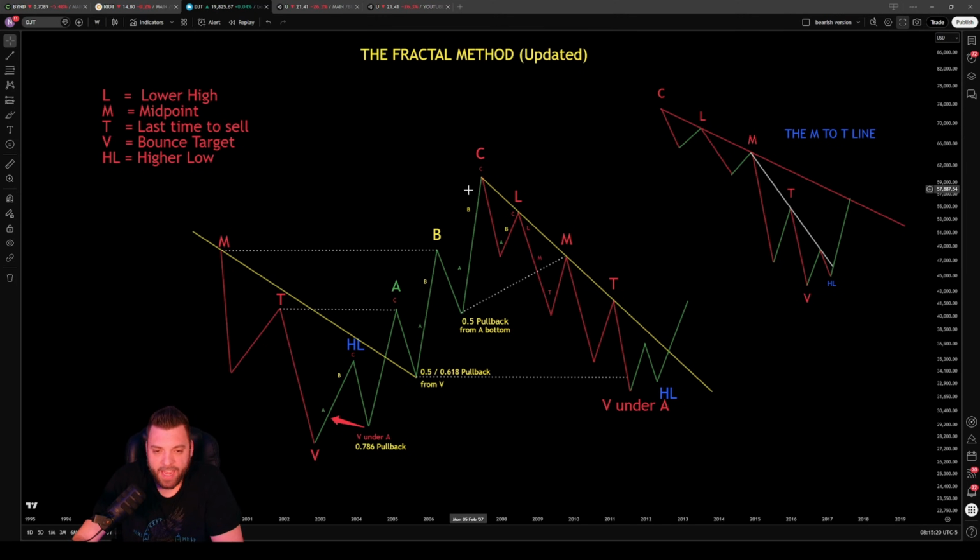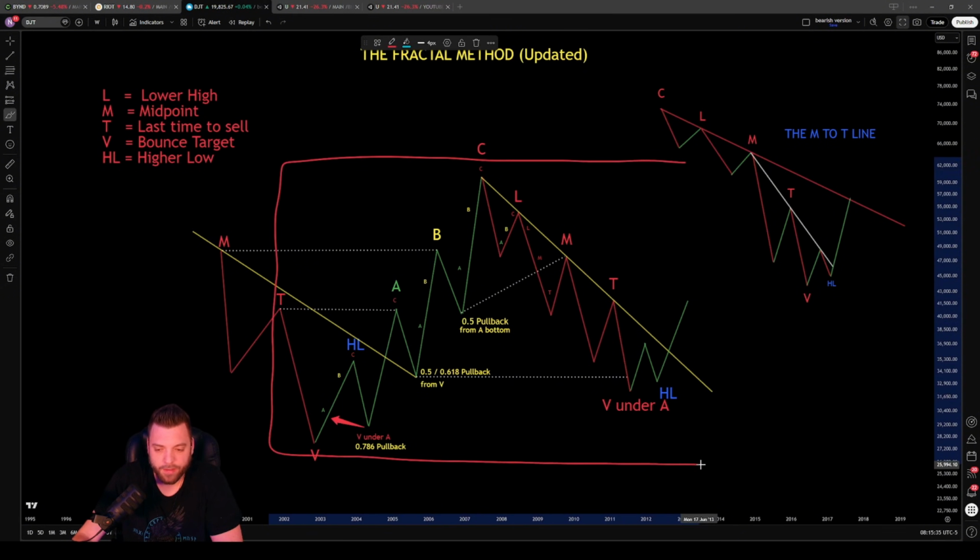If you look at every single letter, A, B, C, L, M, T, and look at our higher low right now, this whole thing is inside this higher low. To get to the peak of this higher low, you also have an A, B, C. And to fall under it again, it's again an L, M, T, V.